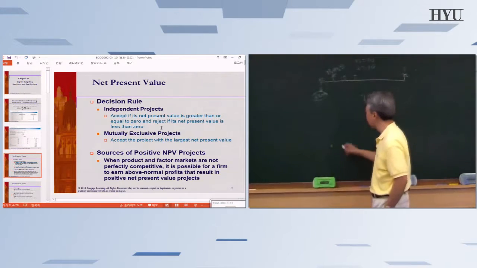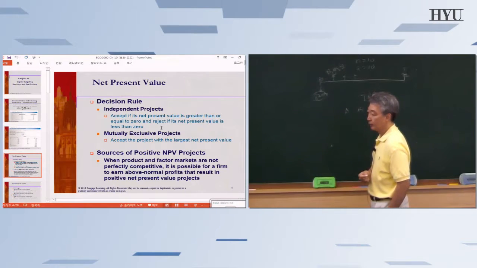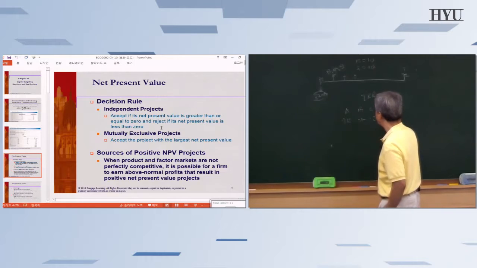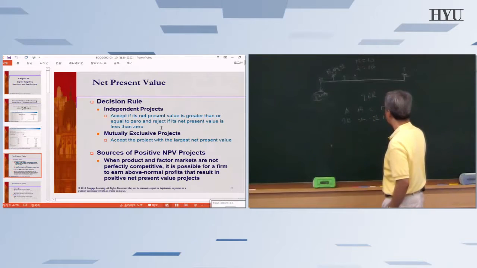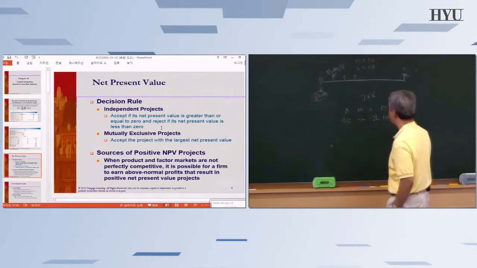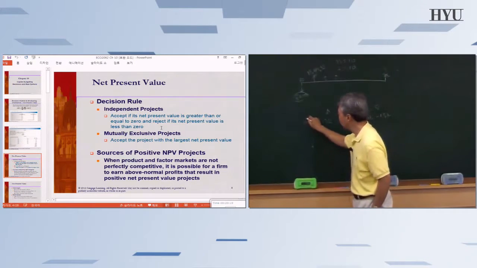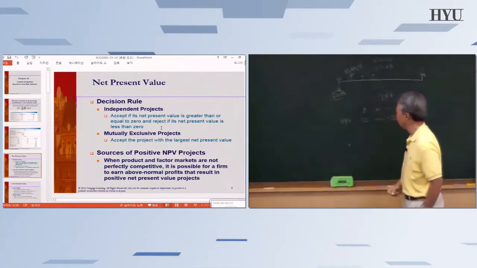Okay? So if you have projects A, B, C, D, E, okay? And net present value comes out to be, say, 7,000, 2,000, negative 2,000, 10,000, negative 1.5 thousand, okay? Net present value. Okay?